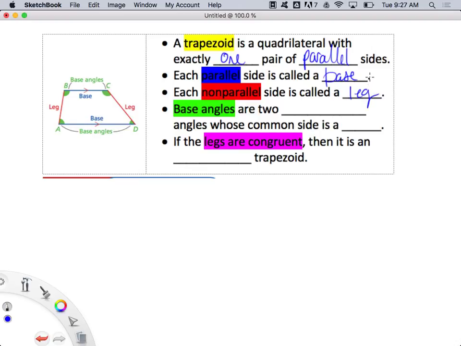Base angles are two consecutive angles whose common side is a base. You see the base angles here and here? If the legs are congruent, then it is an isosceles trapezoid. So if these two red legs are congruent, it's an isosceles trapezoid.